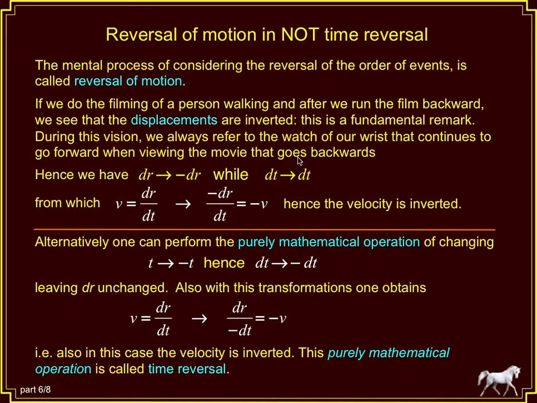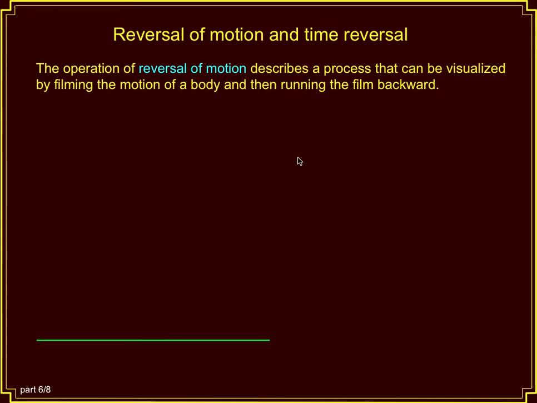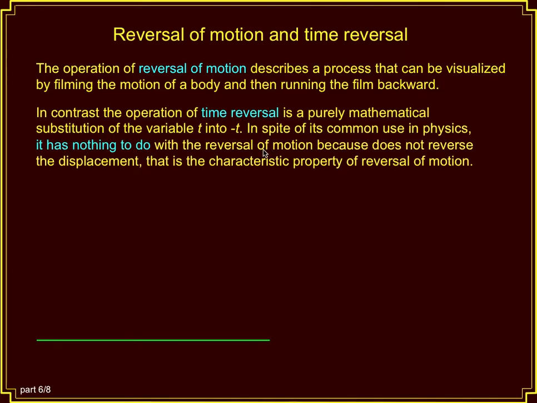The operation of reversal of motion describes a process that can be visualized by filming the motion of a body and then running the film backward. In contrast, the operation of time reversal is a purely mathematical substitution of the variable t into minus t.